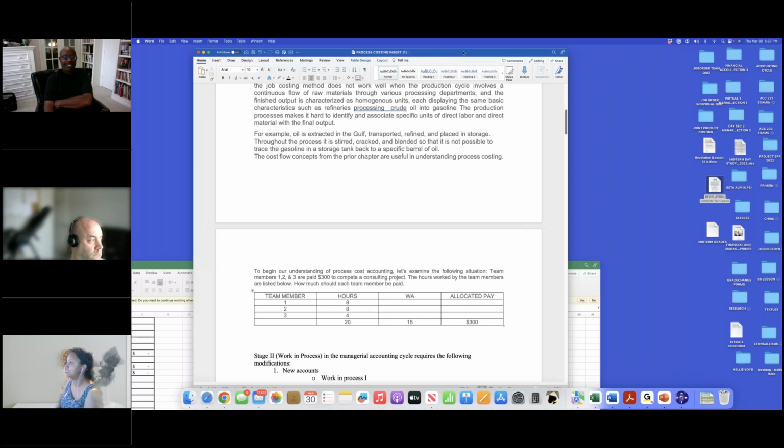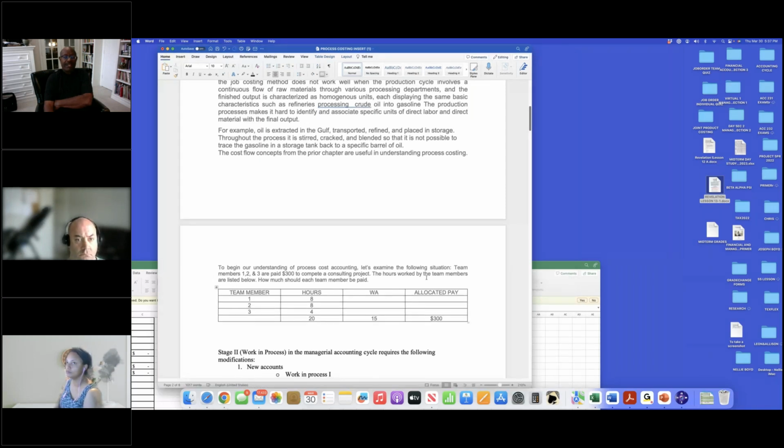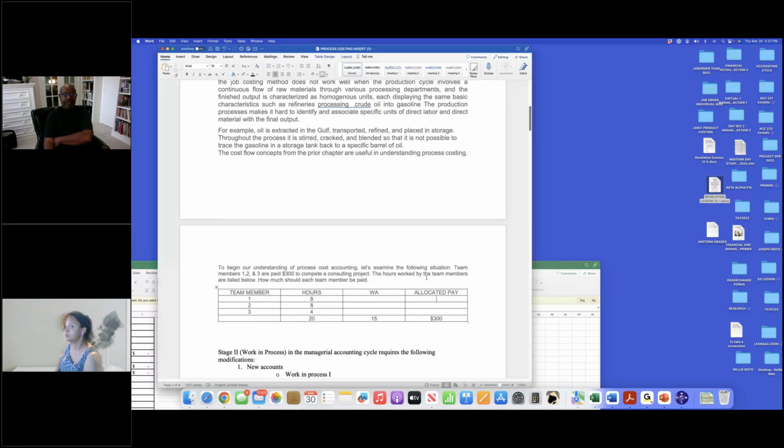Because the time put in wasn't split evenly. Okay. So how would you allocate this $300? 20 hours were worked in total, so the average price per hour was 15.